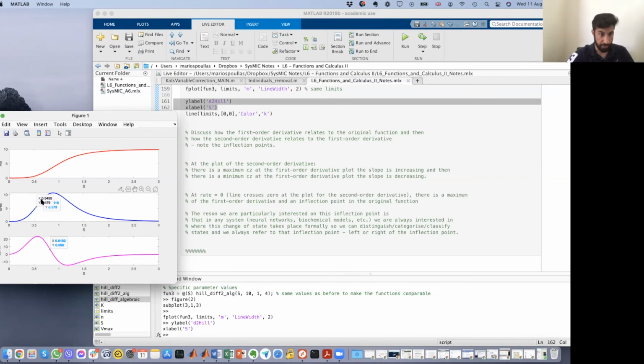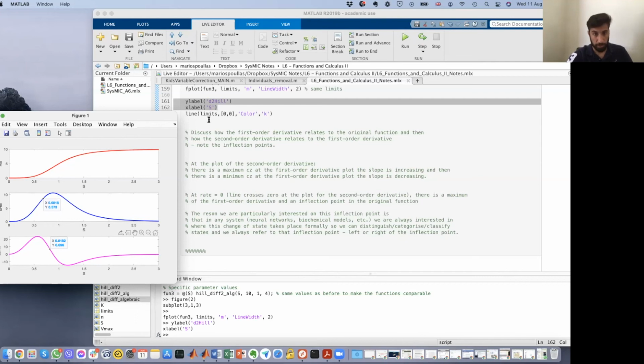Then it starts decreasing again until this turning point, where it starts increasing again to create this minimum point. So the slope decreases until there's a turning point here, and from this turning point on, the slope starts increasing again until it reaches 0.